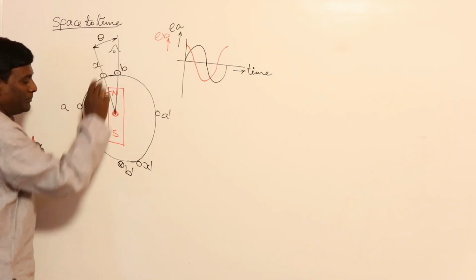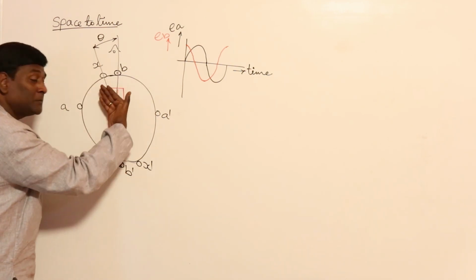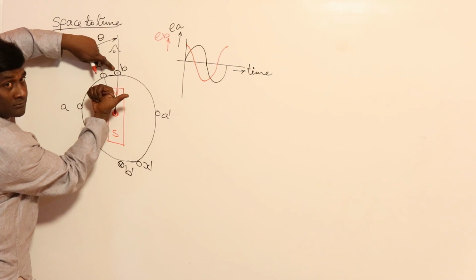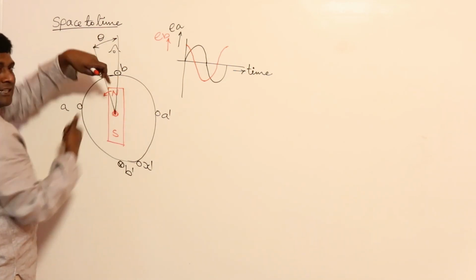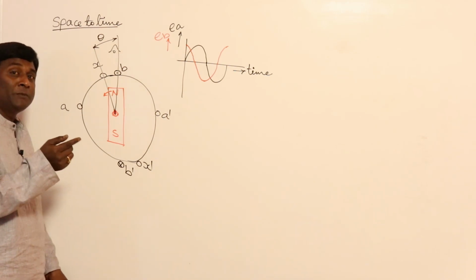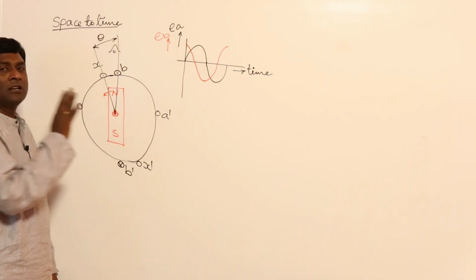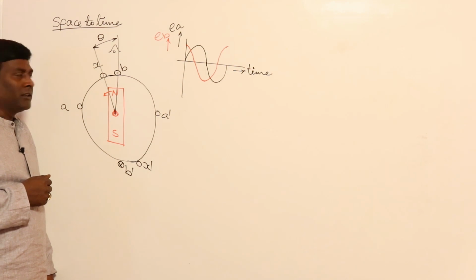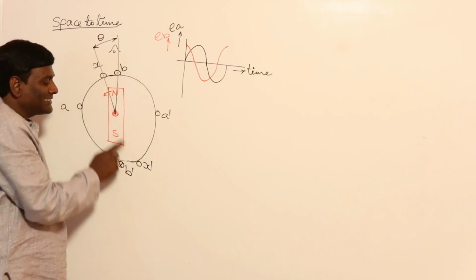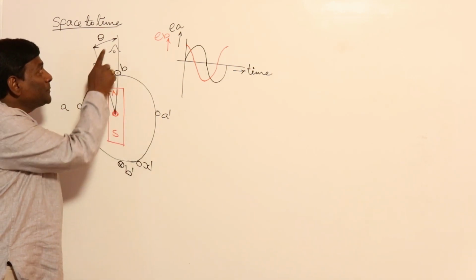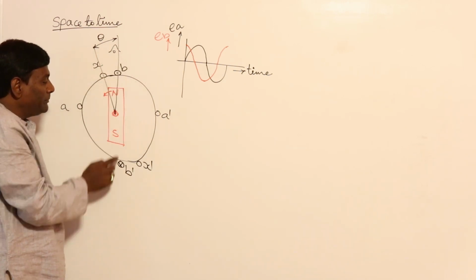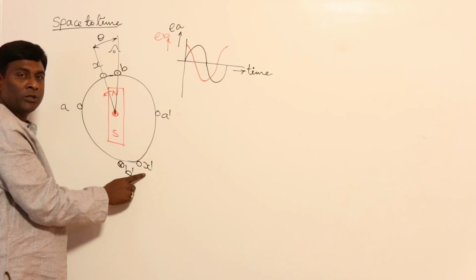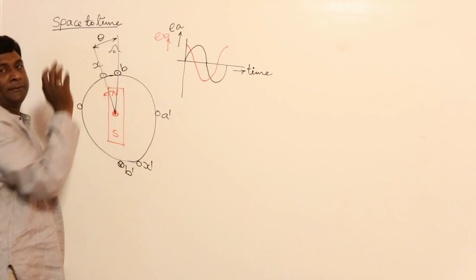Between b dash and x dash, the MMF axes are displaced in space, so those are nothing but space displaced windings. So between b dash and x dash, my windings are space displaced by theta, so the induced voltages between b dash and x dash are going to be time displaced by theta.